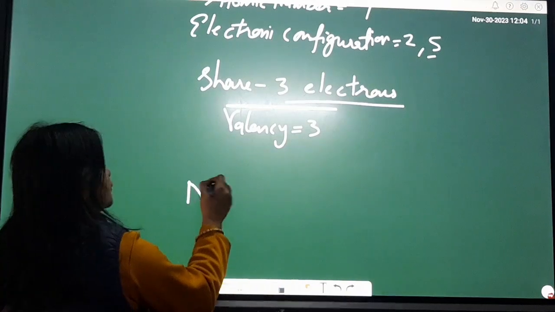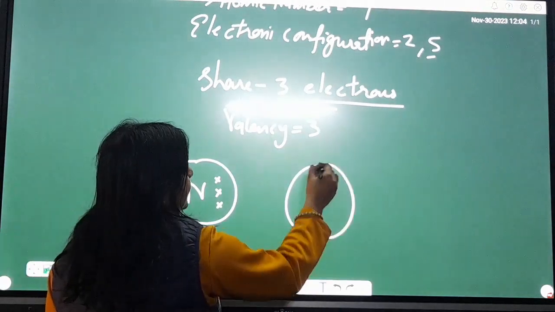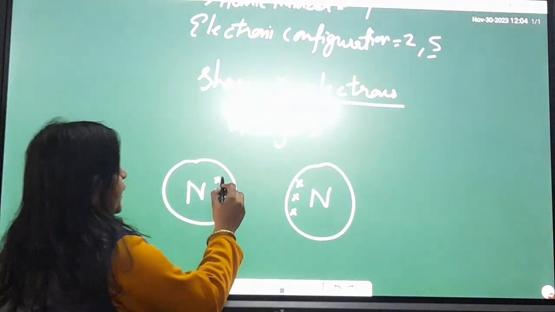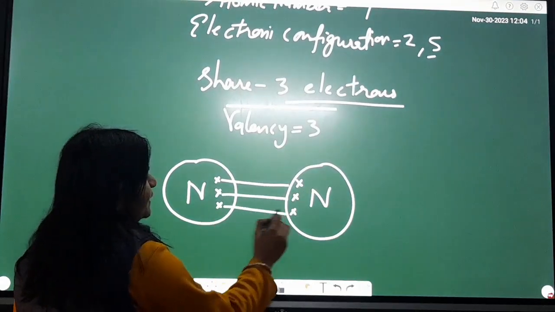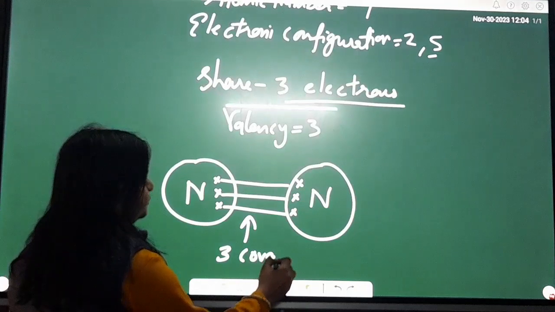Now the nitrogen element you can show with its 3 electrons, and there is another nitrogen element showing its 3 electrons. So here the sharing occurs with these electrons, and there are 3 covalent bonds shown.